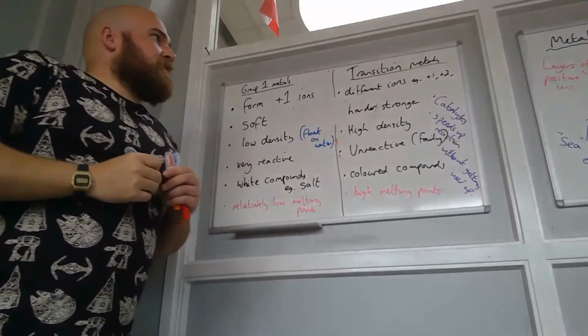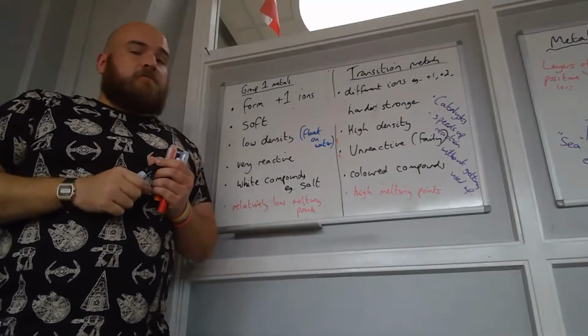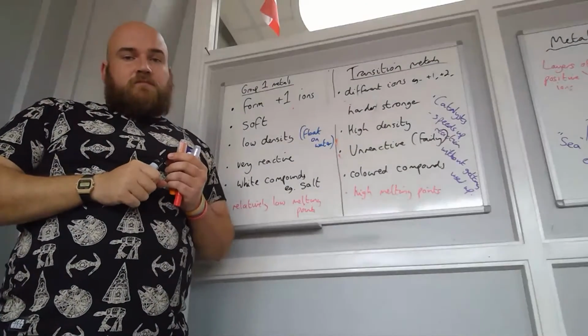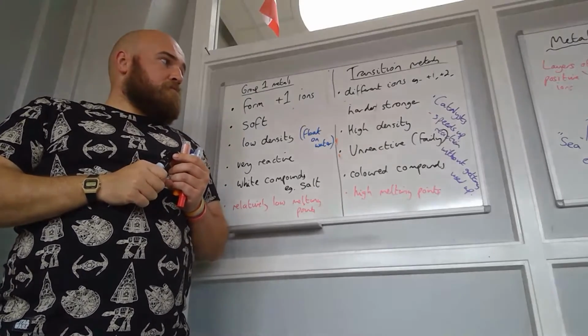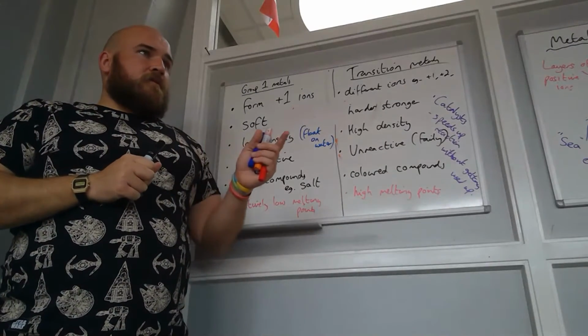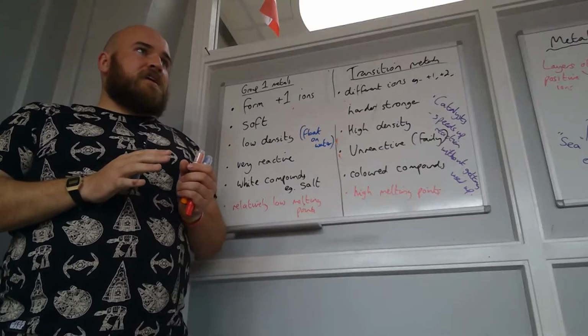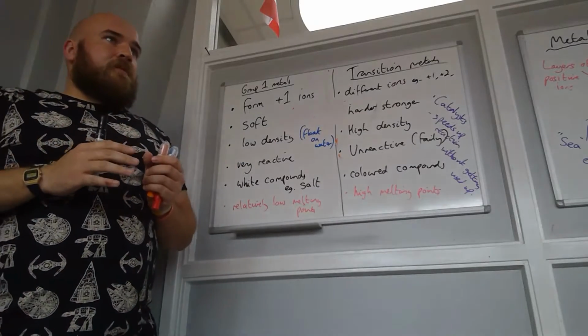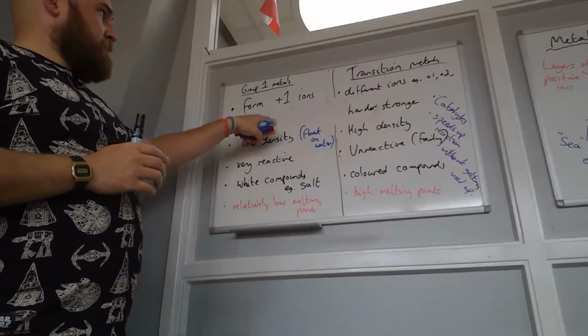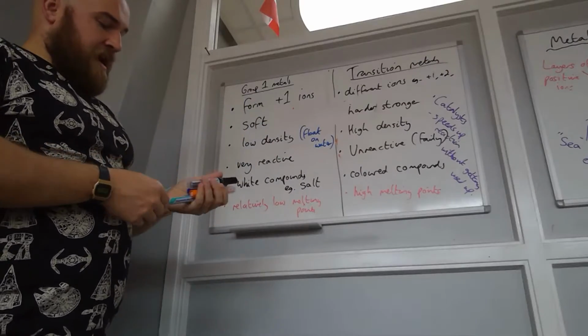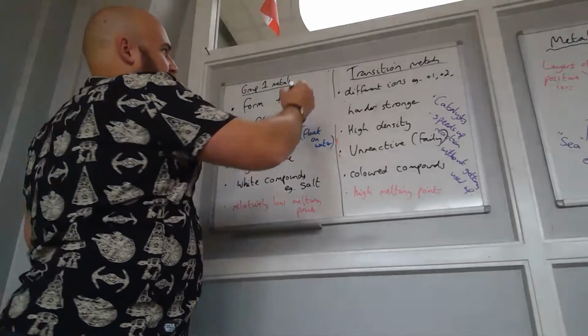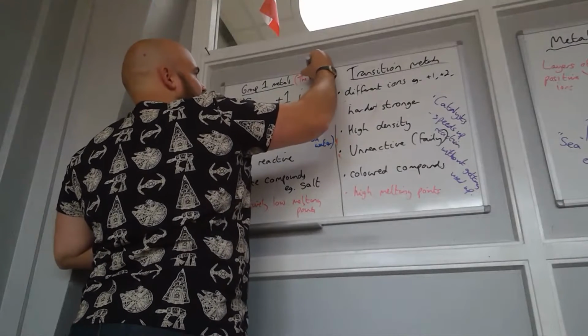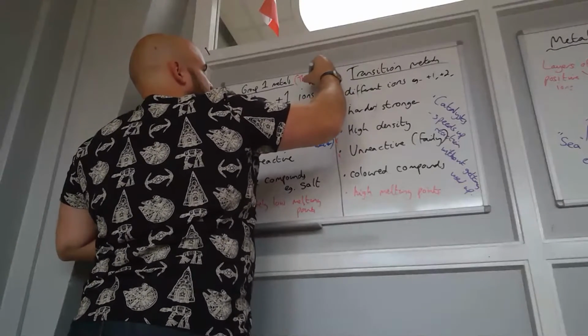And like I say, that's pretty much a brief summary of the transition metals and the group 1 metals. I'll just go through your worksheet now, make sure that I've covered everything. High density, low density, yep. These obviously react with water to form alkali solutions. How do we know that? Well, what do we call group 1 metals? They are the alkali metals.